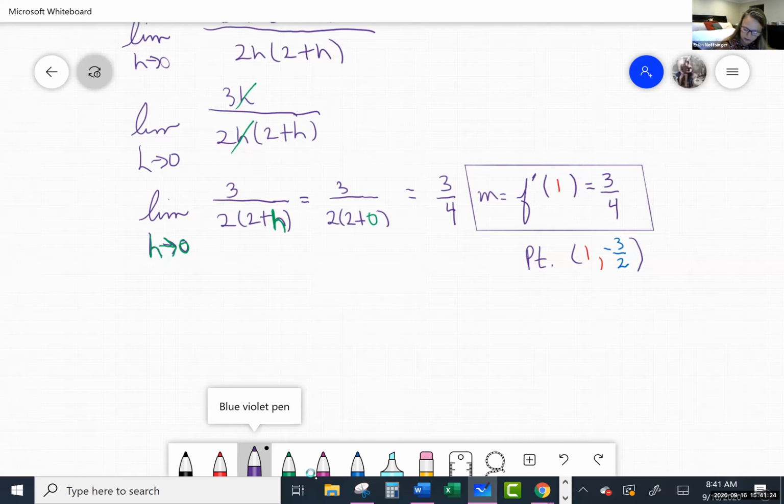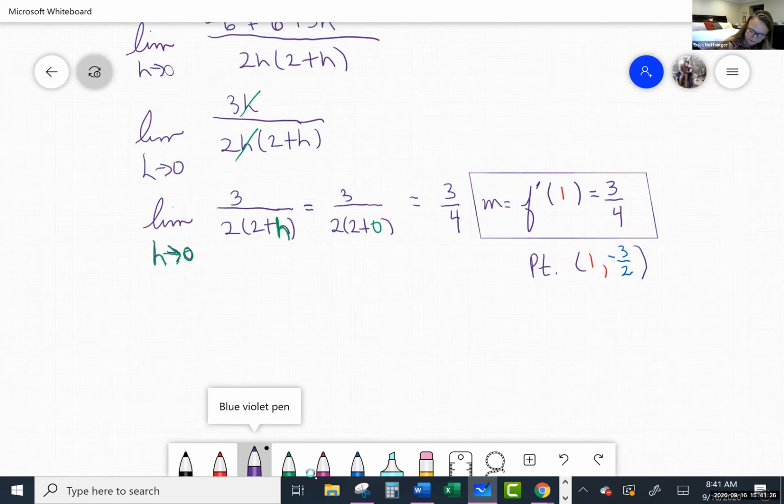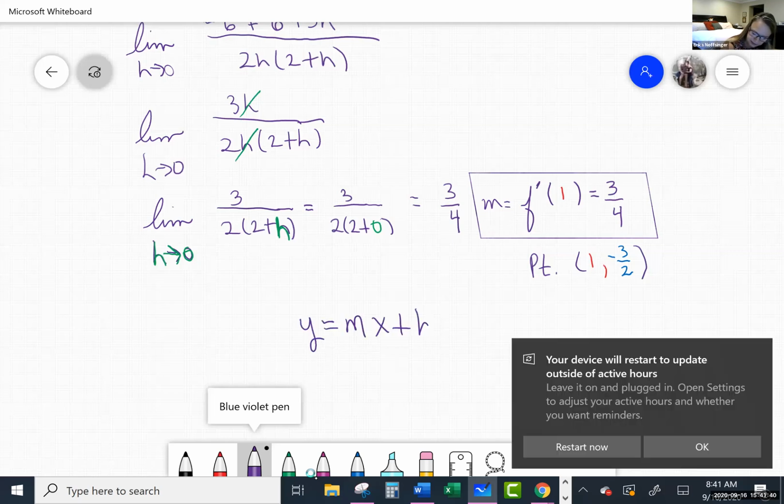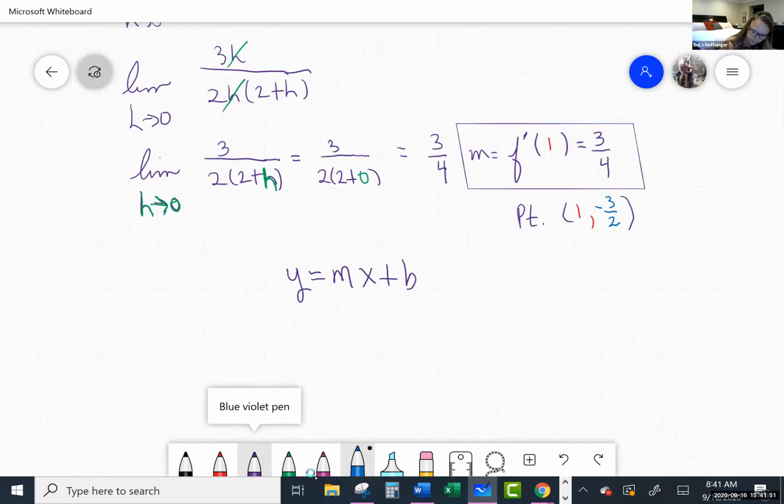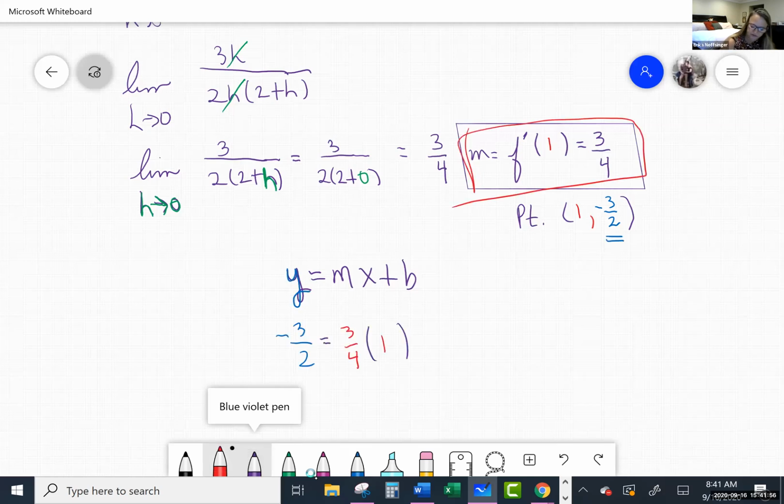So if we plug in our y value, so y is negative 3/2 is equal to our slope, so our slope was 3/4 times x, and our x value was 1, plus b. So we get negative 3/2 equals 3/4 plus b.